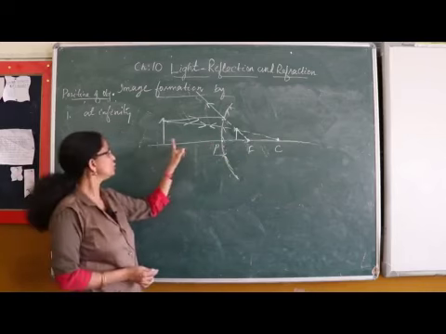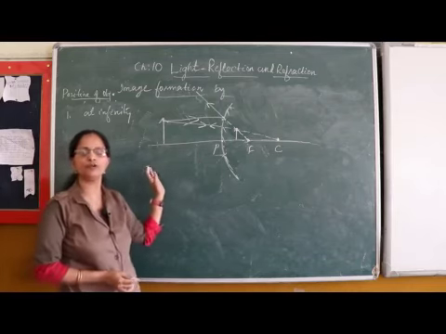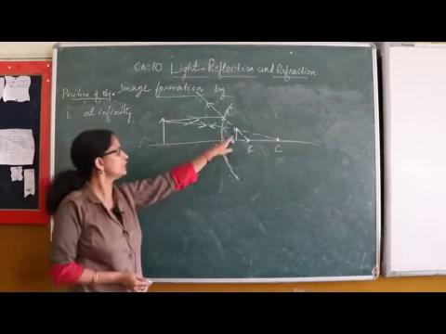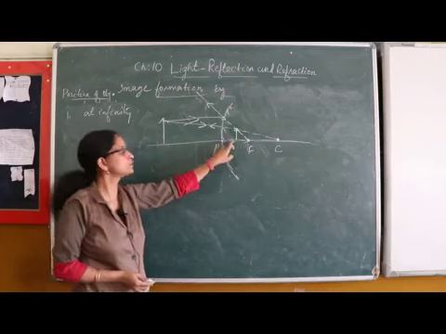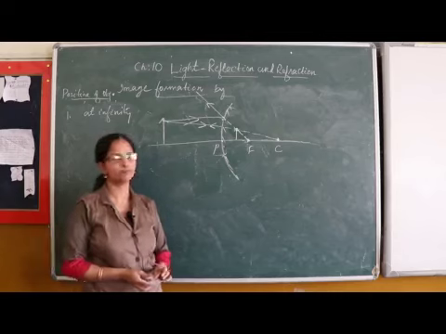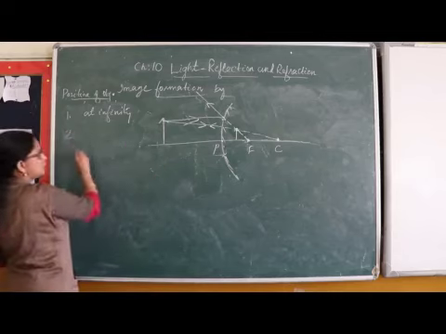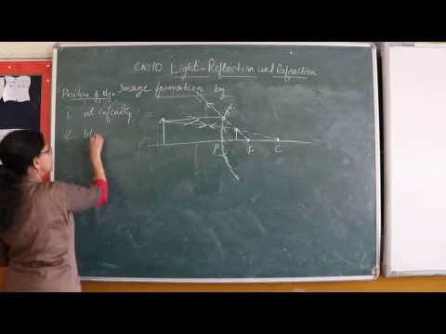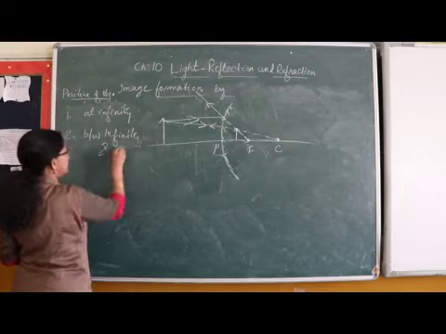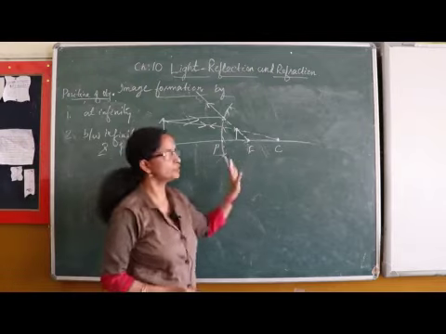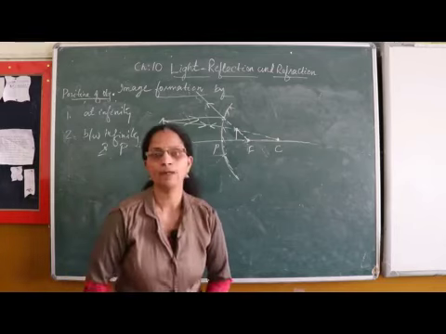So when the object is kept anywhere between P and infinity, in case of a convex mirror, it forms a virtual, erect and smaller image. So in these two situations, the image formation takes place in case of a convex mirror.